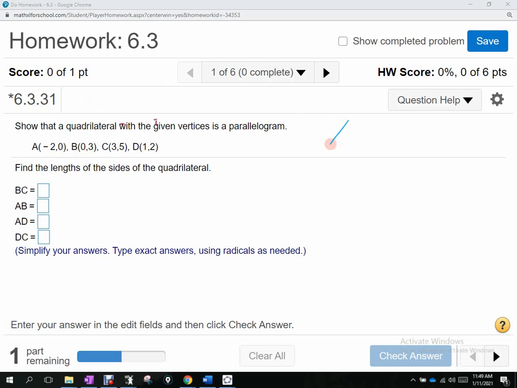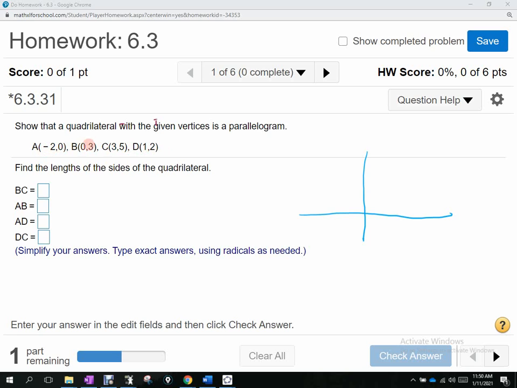So what I'm going to do, I'm just going to draw a rough sketch of a parallelogram. And to be honest, I don't really care where this is in the coordinate plane. I guess what I'm trying to get at is that they have these points being consecutive.